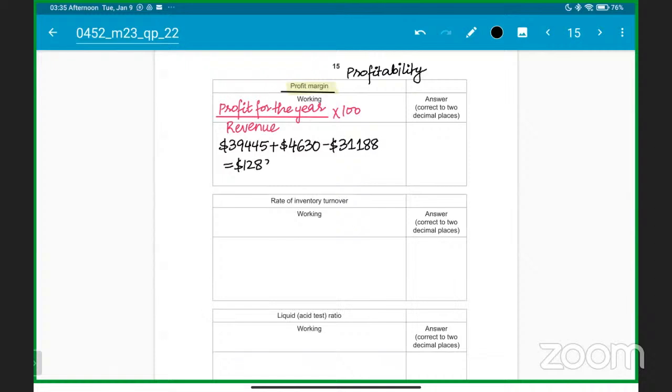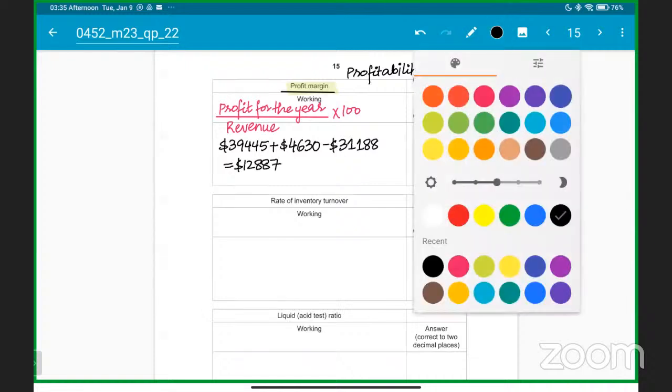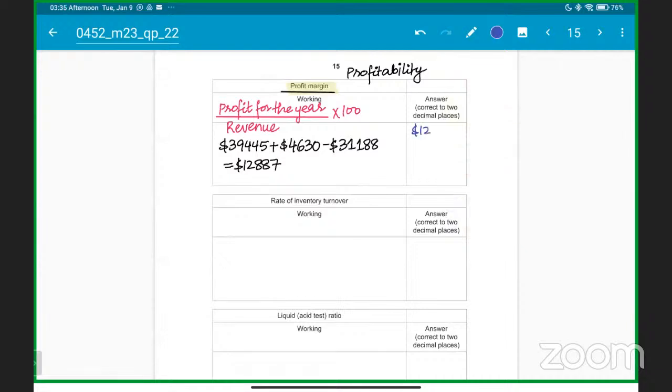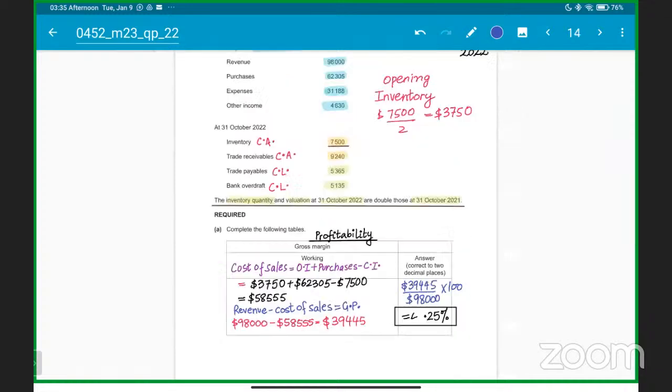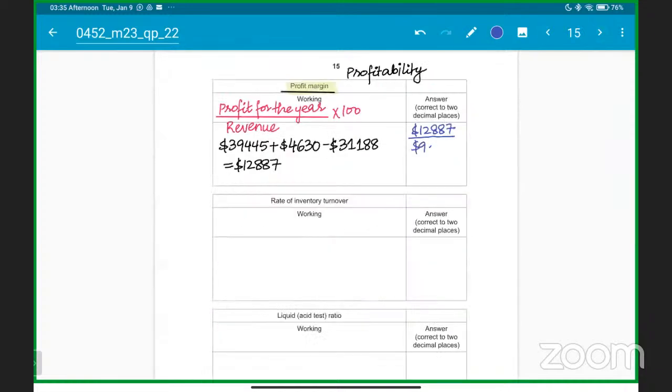Are you guys with me? Following? So here we go. 12,887 is the profit, divided by the revenue. How much is the revenue? Revenue was 98,000, into 100, and you will get the profit margin. Okay, students, everyone with me? Any questions? Let me know. So I'm getting that as 13.15%.